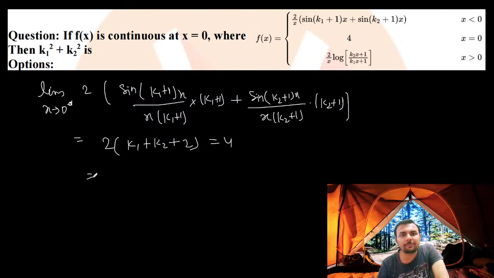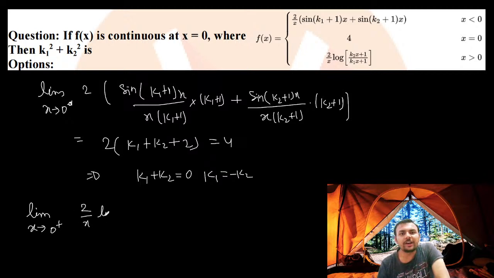Now we are getting k1 plus k2 equal to 0, that means k1 is equal to minus k2. Now we move to the limit as x tends to 0 plus. We have 2 by x. We are not given whether it is greatest integer or not, so it will be better to put k2 equal to minus k1.